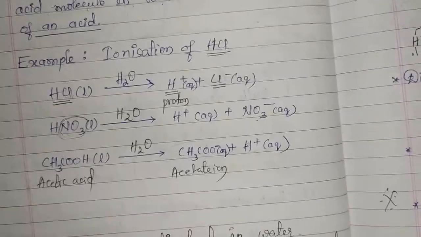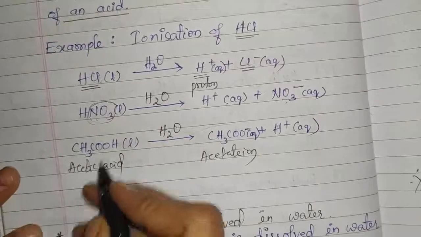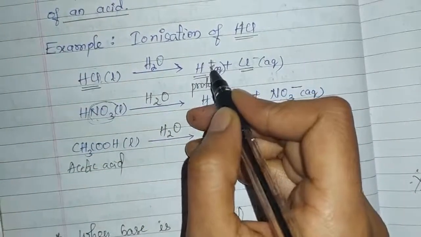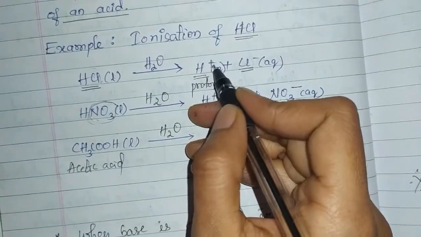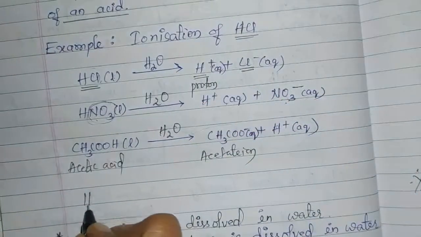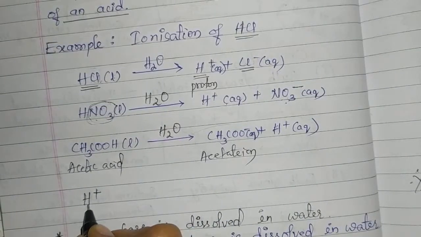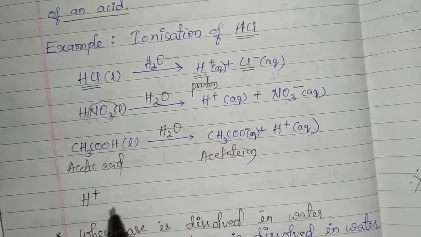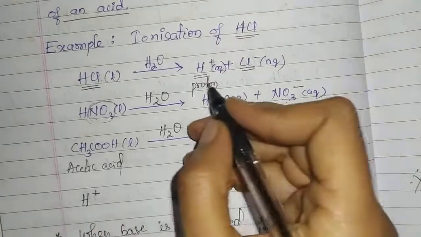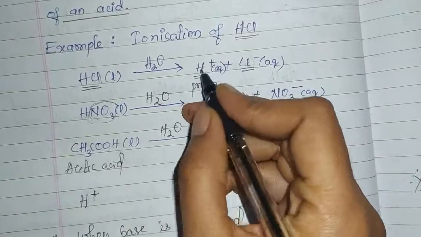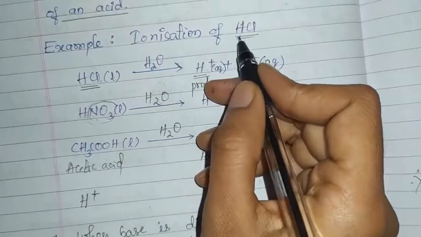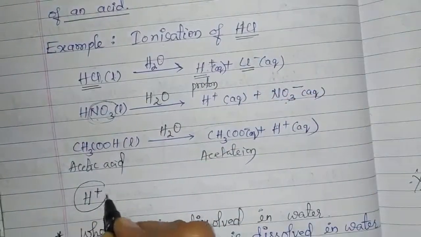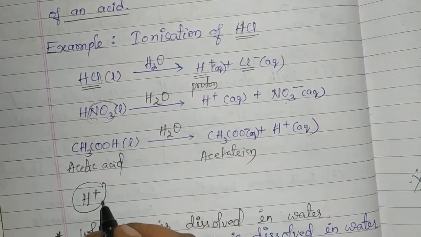Children, see here, I have forgotten to mention that when this hydrogen ion is released, it will not exist alone. It means it will not be present in the form of H plus ion in solution. When ionization of the acid takes place, the hydrogen ion is released, and this hydrogen ion will not be present alone.